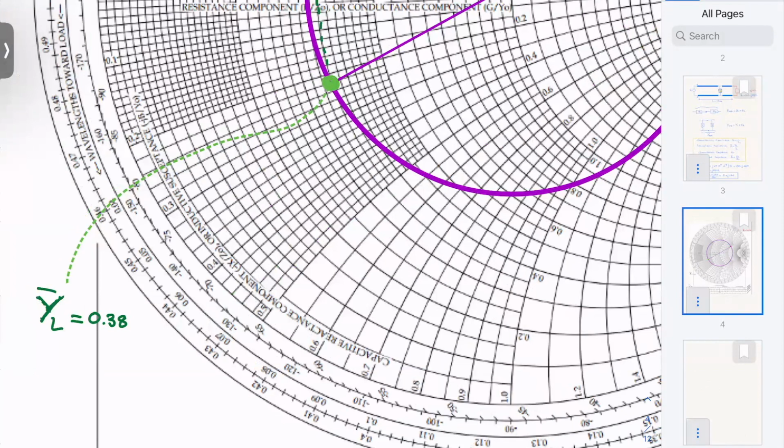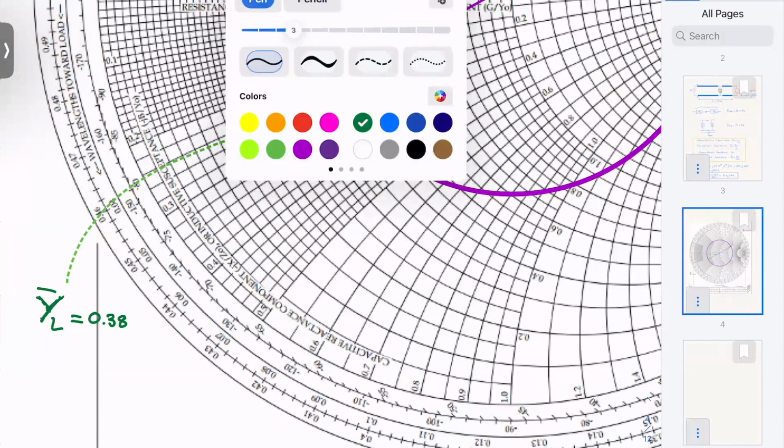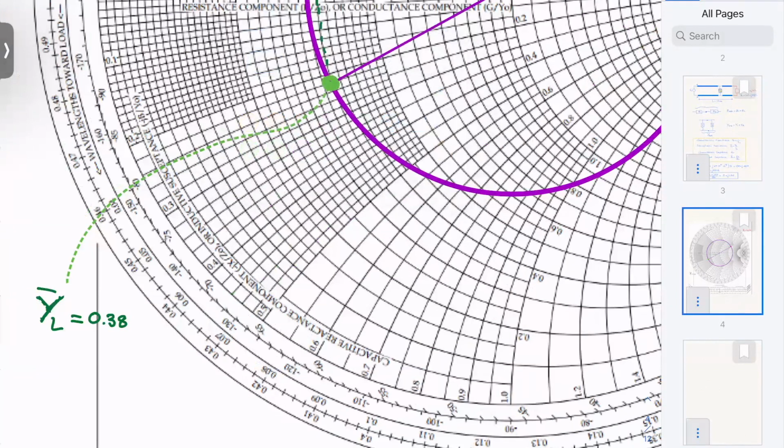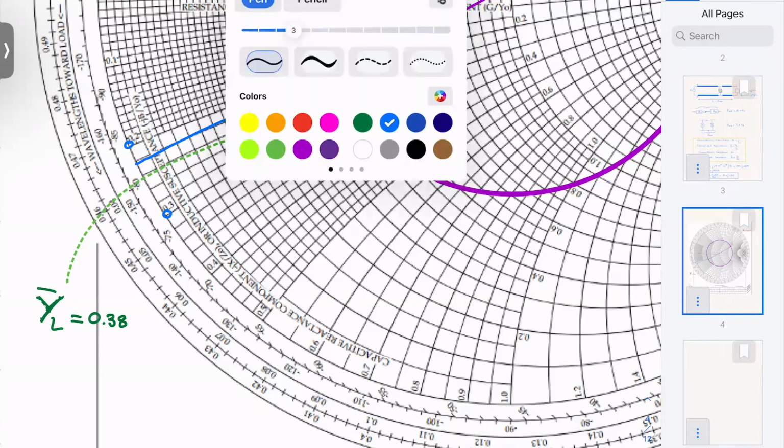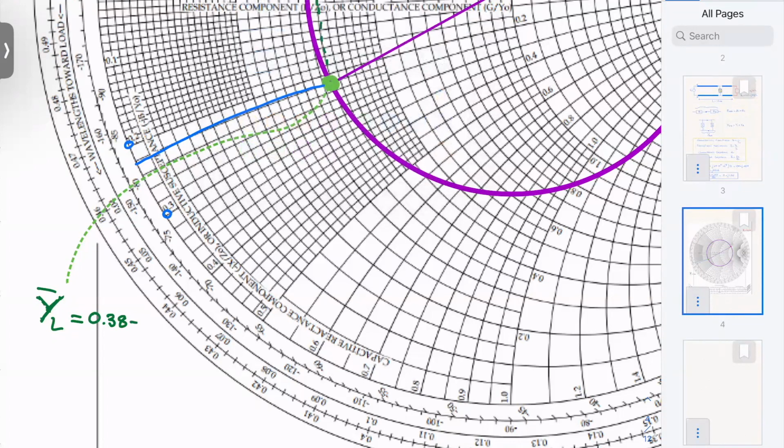And then I'm gonna look at what circle goes through that point, and this is 0.3, this is 0.2. So this is gonna be 0.22 approximately. But it's negative because it's in the lower hemisphere.